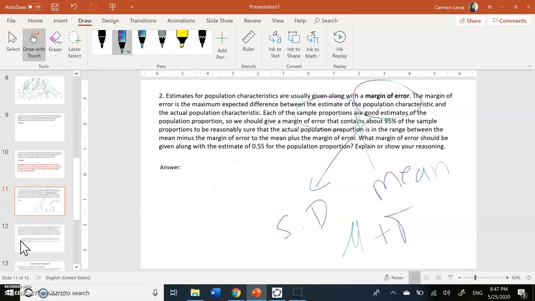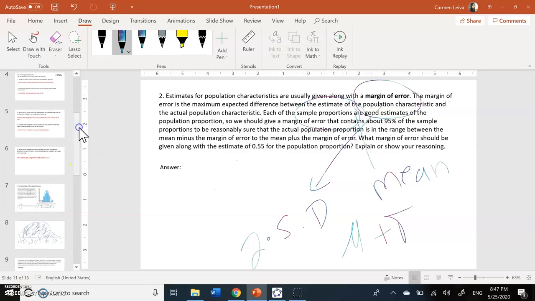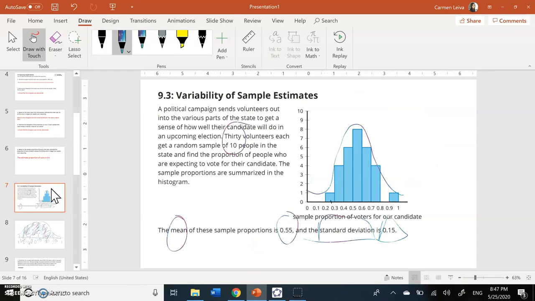Now, I want you to understand something. Margin of error will always be twice as much as the standard deviation. That's it. It will be 2 times whatever the standard deviation is. So if we go back to the problem, what is the standard deviation?